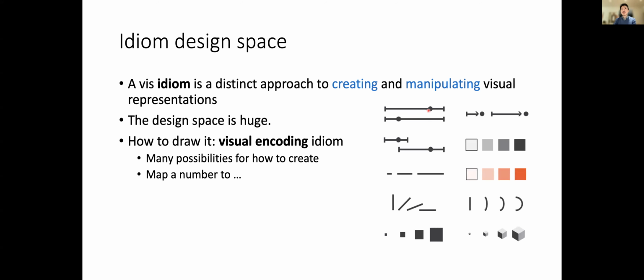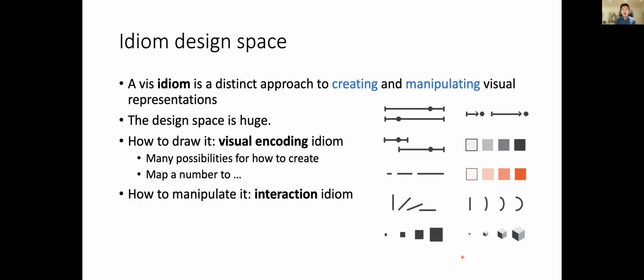You can map to positions, to length and grayscale, color, how curved the lines are, how tilted the lines are, and the area or size of a circle, or sorry, a square, or maybe the volume of a cube. These are just some examples. You can create other ways to represent the value as well.